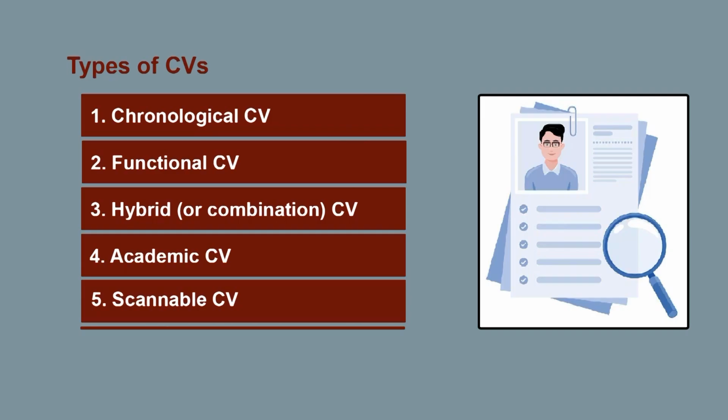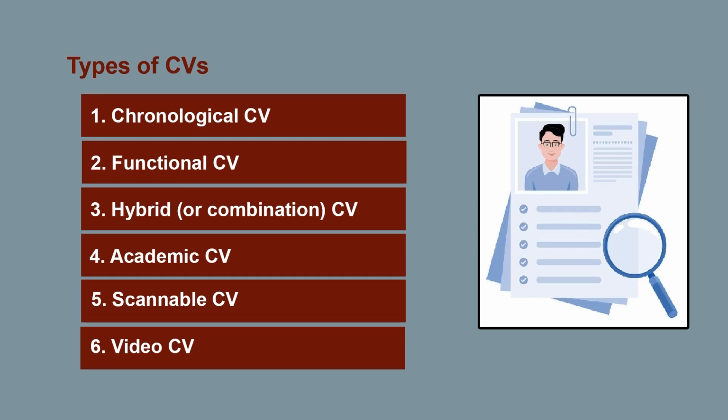Scannable CVs are read by computers using optical character recognition (OCR) technology. These CVs are formed differently. They need just simple text without bullets, decorative fonts, bold letters, box or table columns, etc. Rather, they include keywords.